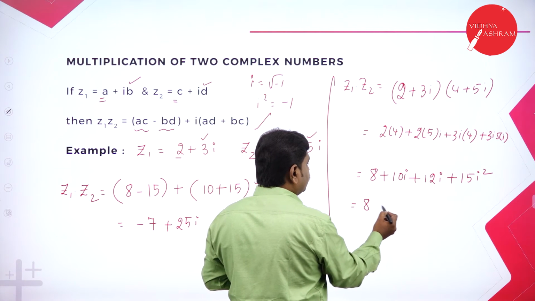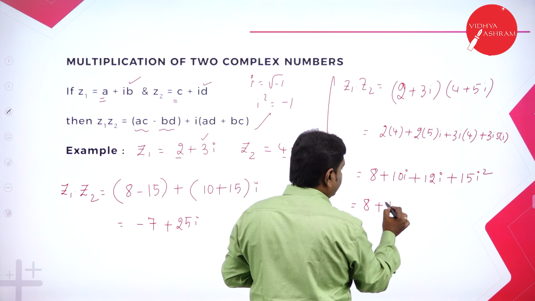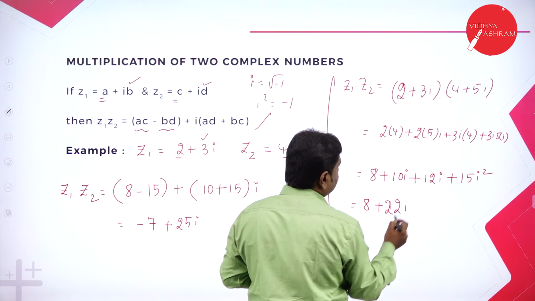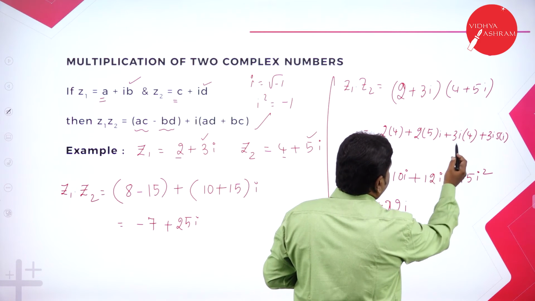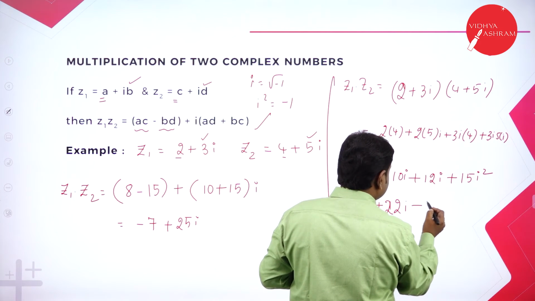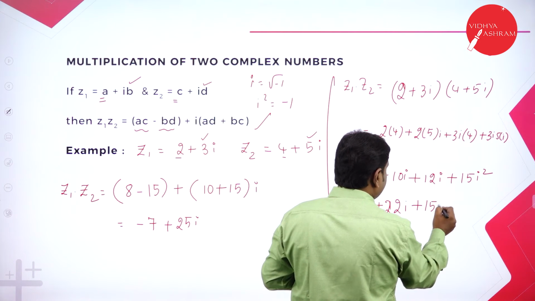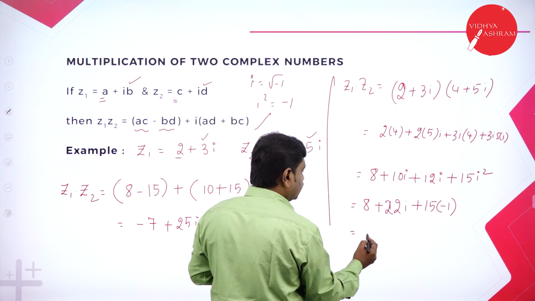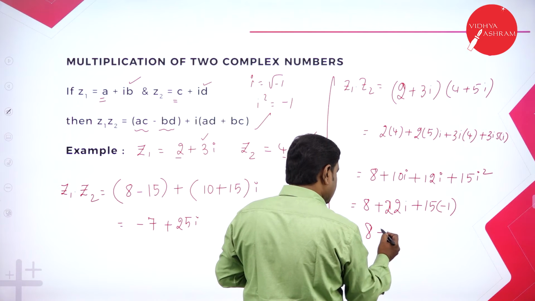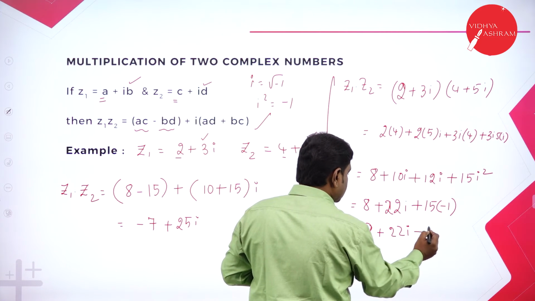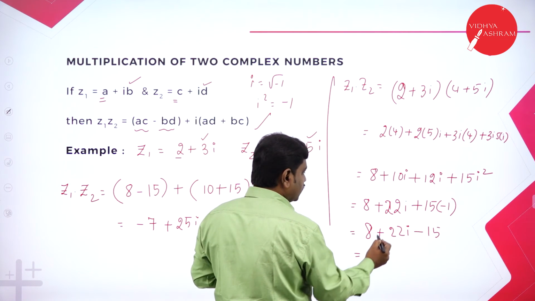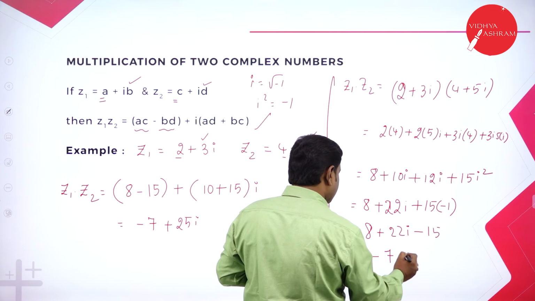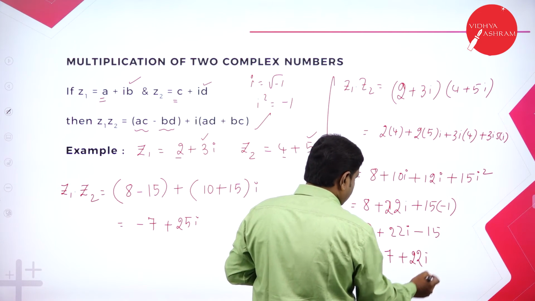So 8 plus 10 plus 12 is 22i, and then 15 into i square is minus 1. Further 8 plus 22i minus 15. Now numbers 8 minus 15, if you do minus 7 plus 22i. So you got same answer, you can see.